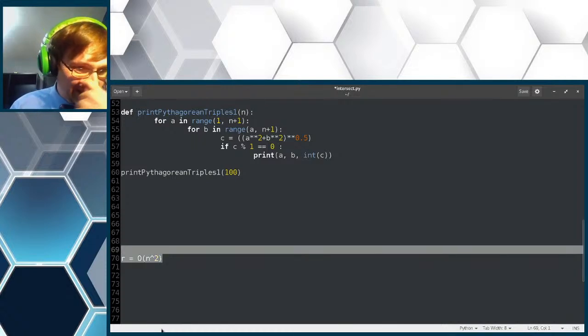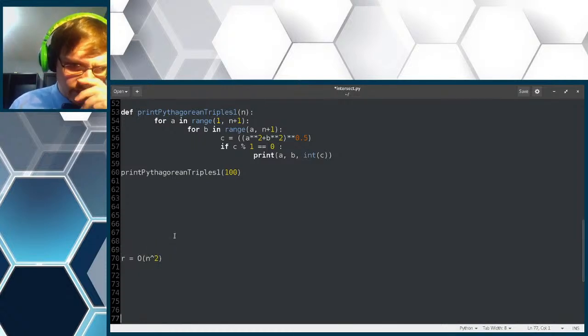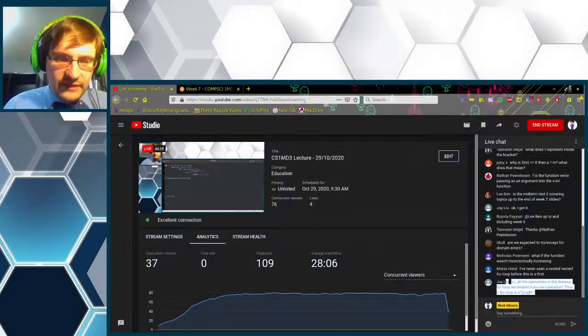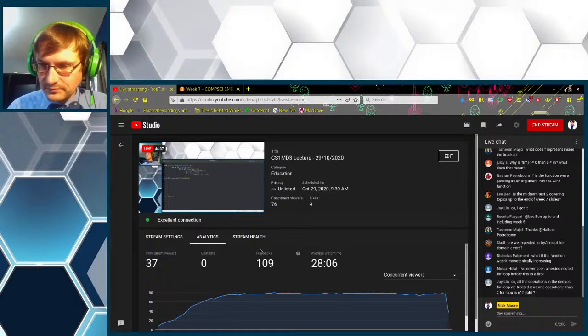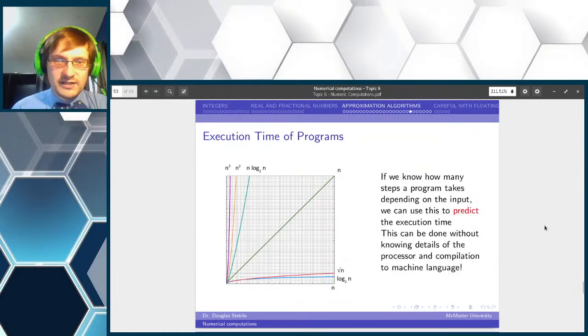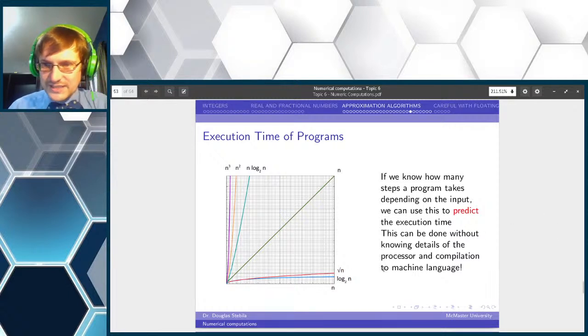I'm jumping ahead of the slides, but that's roughly how you arrive at big O notation. So yes, I didn't predict the slides very well.